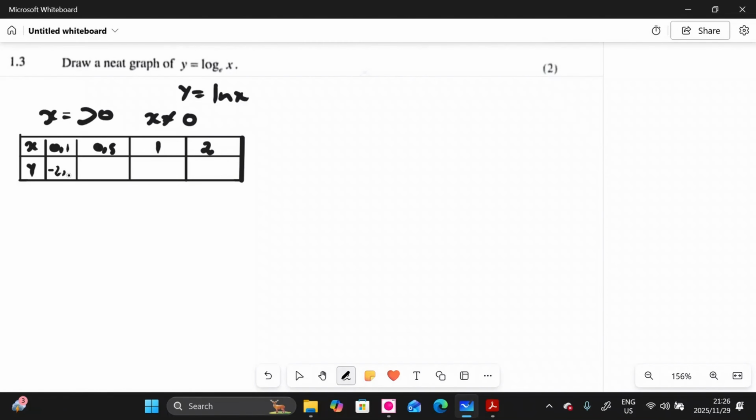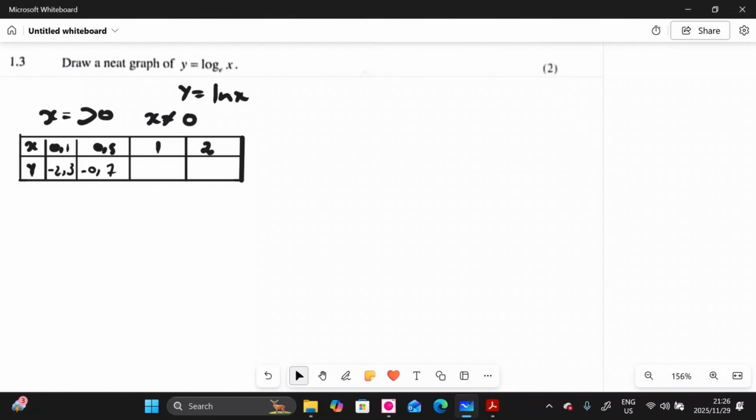When x is 0.1, what is our y? This is going to give us negative 2.3. So when x is 0.1, it's going to give us negative 2.3. When x is 0.5, what are you going to get there? We're going to get negative 0.69.